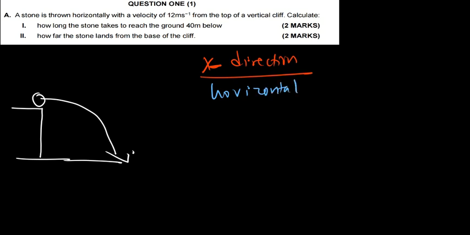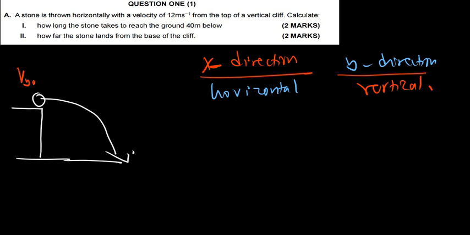When an object is moving in y direction, we call that vertical. Meaning that when you throw an object here, for example, the first case which I've given you, in the y-axis, the velocity is 0. The vy initial is 0.